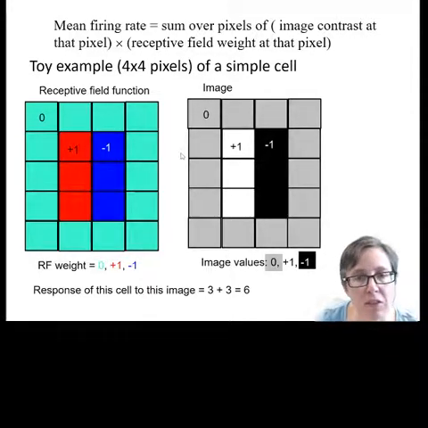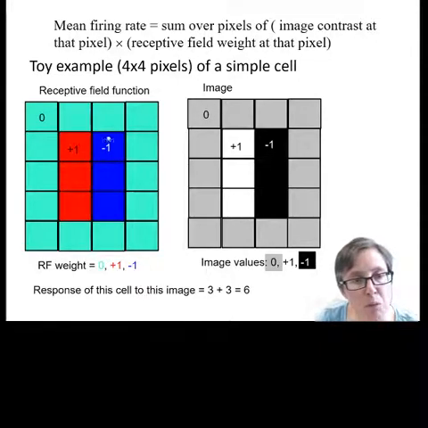Okay, so how does this cell respond to this image? Well, according to the recipe above, we have to go through, and for each pixel we multiply the receptive field weight with the value of the image contrast. So 0 times 0, 0 times 0, we have lots of those. Here we have something more interesting. We have +1 times +1. And we've got 3 of those, so we've got a total of 3.